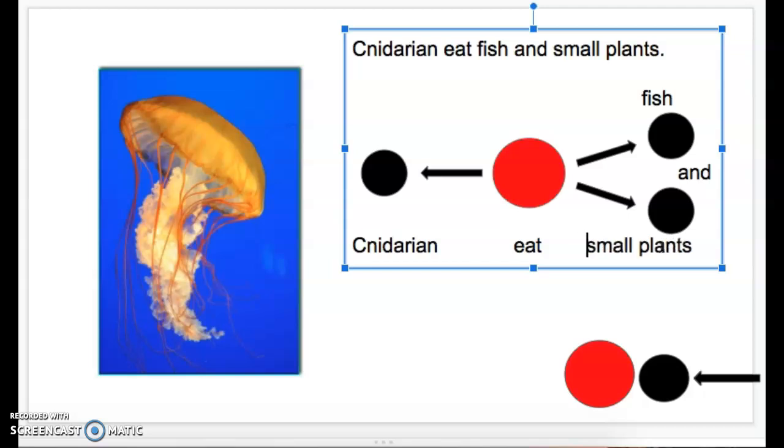When we are analyzing our two things that are receiving the action, one will go at our top black circle, the other will go at the bottom black circle, including any part of the noun family. So an article or an adjective will stay with it. So small stays with plants. And for now, and will float in the middle of the two.